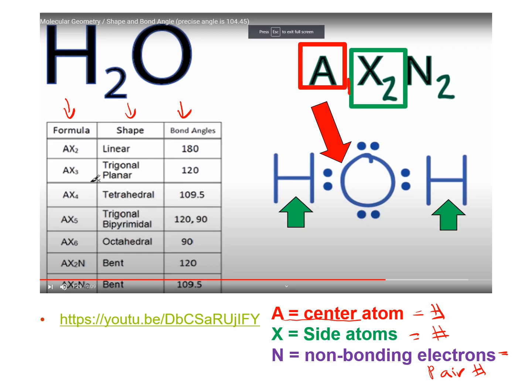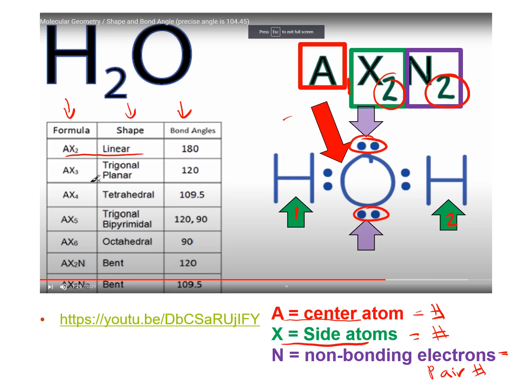Then here you have the side atoms, one here and two here. So this is why you have the number 2. And later here you have one pair and 2 pairs. And when you have that, you don't have a linear molecule, and you don't have a trigonal planar.